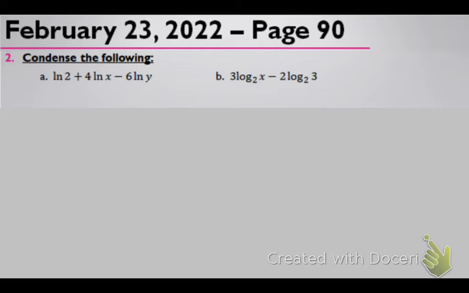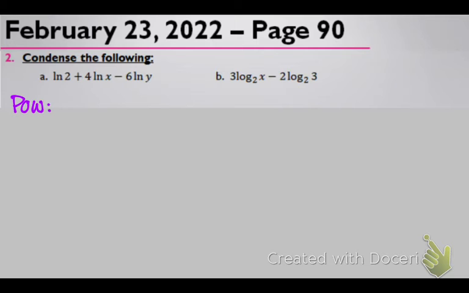What is my first step in my order for condensing? What is the first thing I look for? Exponents, that's a great guess.